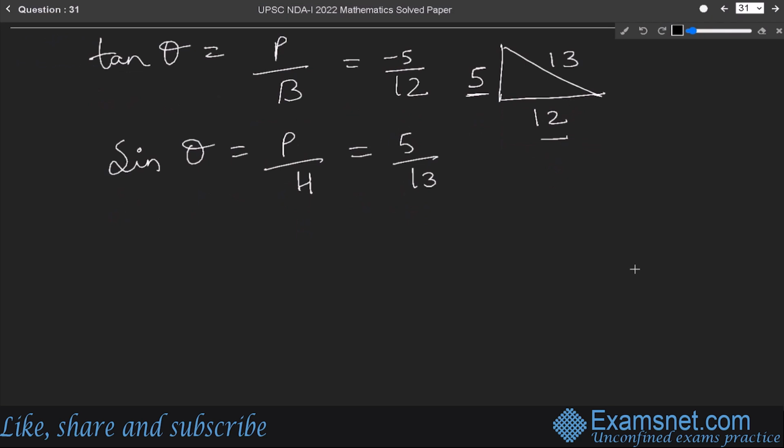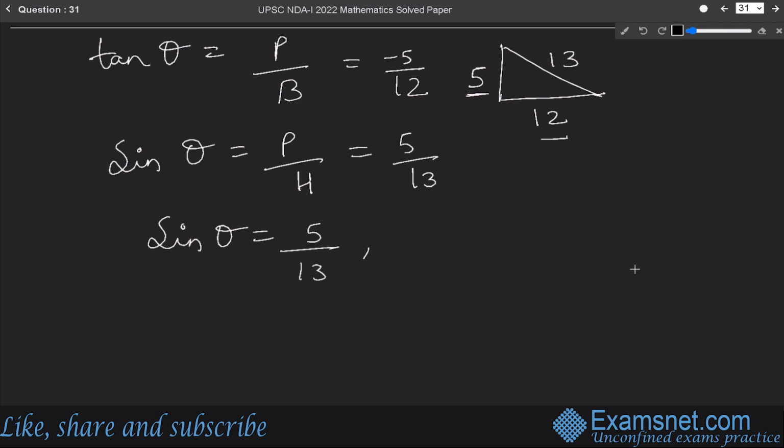Have you understood the concept? See, I told you that tan θ here is negative. It is given in the question. And we know that tan θ is negative in the second and third quadrant. So there are two possibilities. If θ is in the second quadrant, then the value of sin θ will be positive, which is 5 by 13.